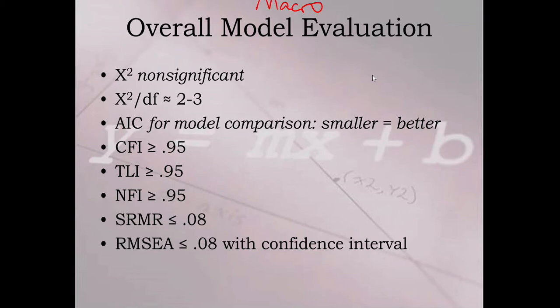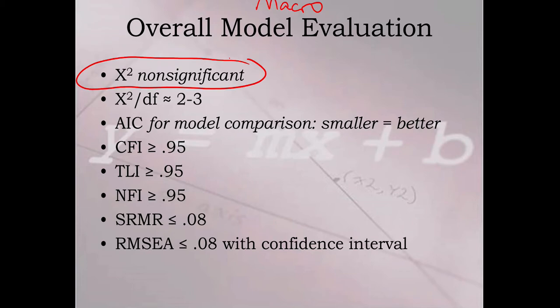There are some purists out there who say the only model evaluation that you should care about is chi-square. Everything else is justification for bad science. So if you have a chi-square that is significant, that tells you that the model and the data are significantly different from each other, and you should stop all presses, just discontinue and say, this model is bad.